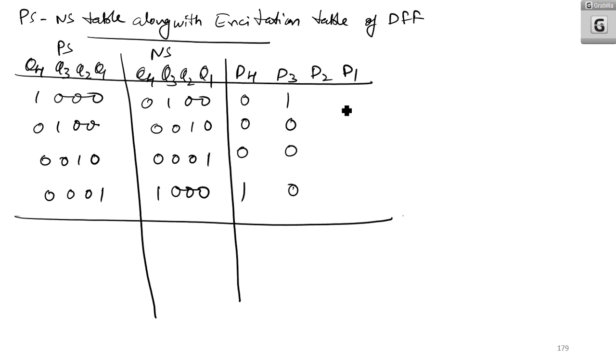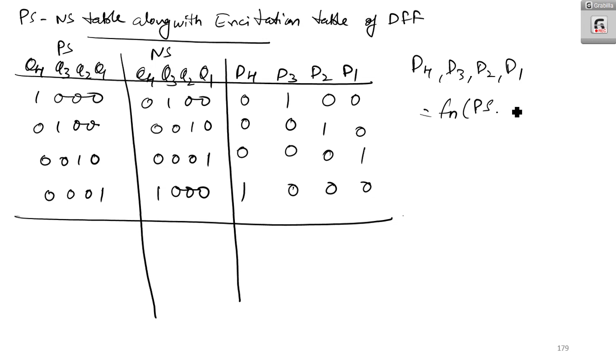D2 is next state Q2. That is 0 1 0 0. Now what is D1? D1 will be next state Q1. That is 0 0 1 0. Now you need to write D4, D3, D2 and D1 as a function of present state Q4, Q3, Q2, Q1.